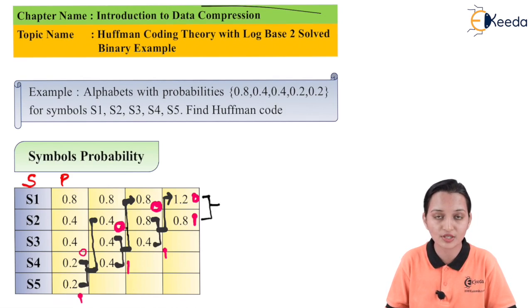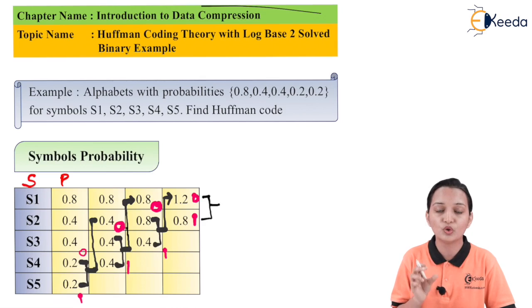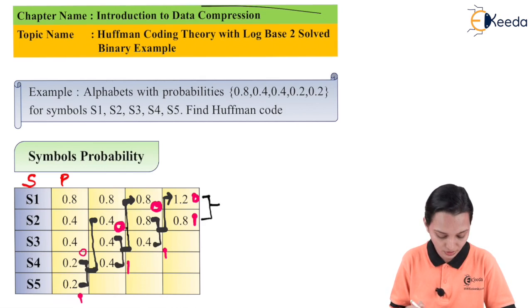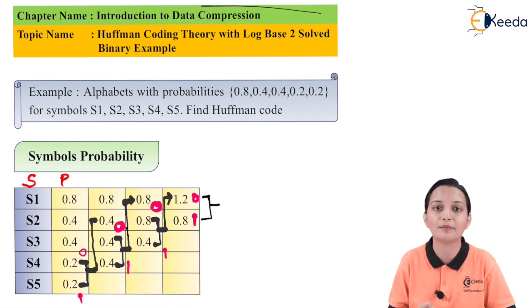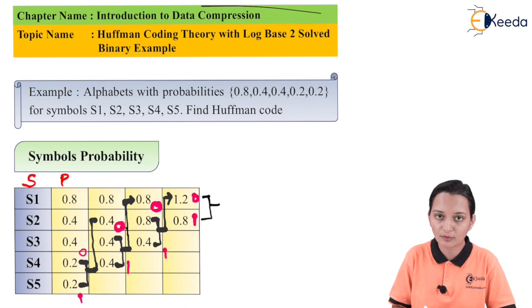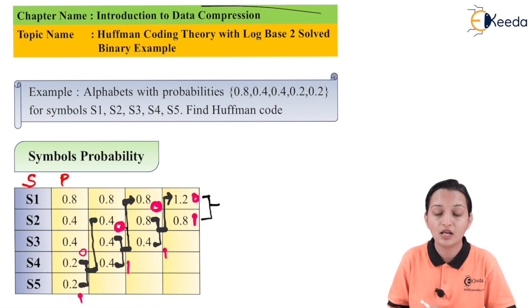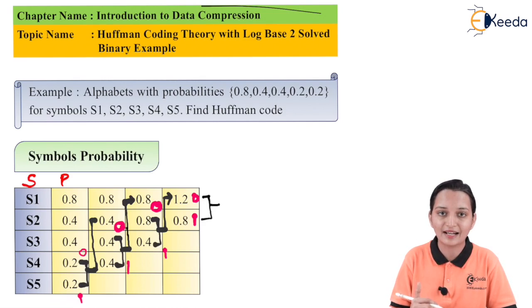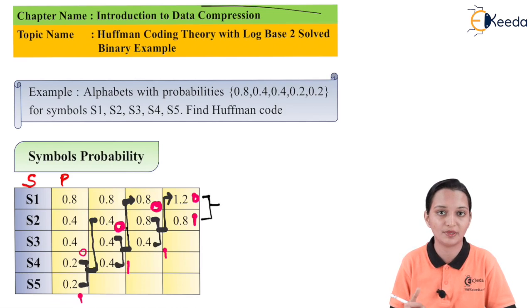The next step was combine those two lowest probability symbols. Combine means sum those two lowest probabilities. So what are the lowest probabilities? 0.2 plus 0.2. So that will be 0.4. And shift it to as high as possible level.